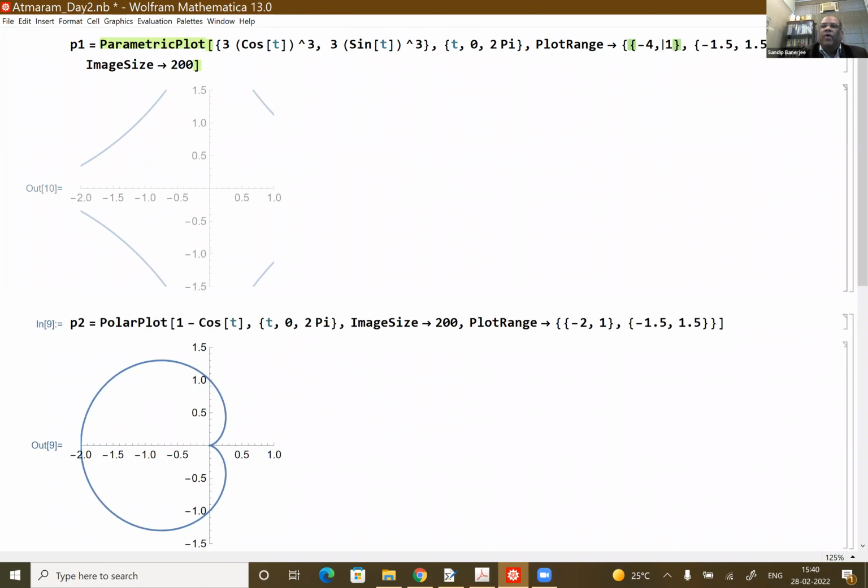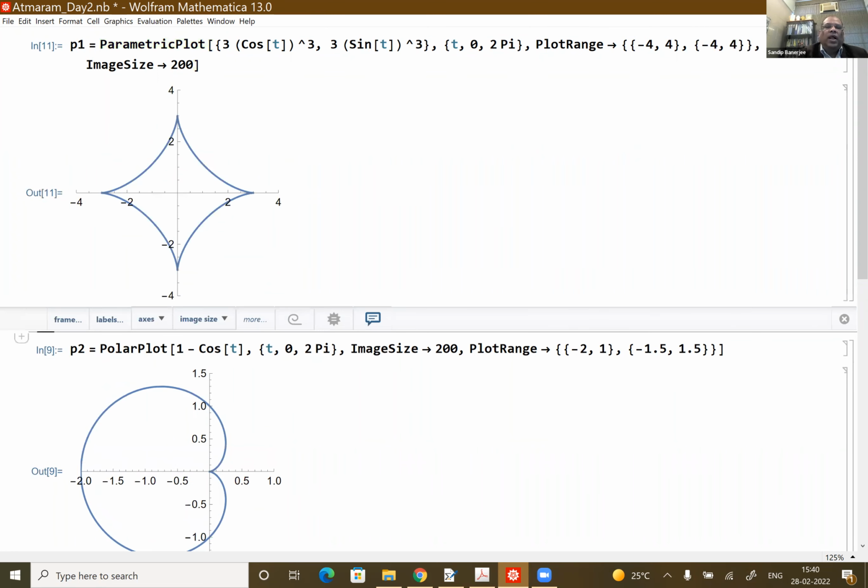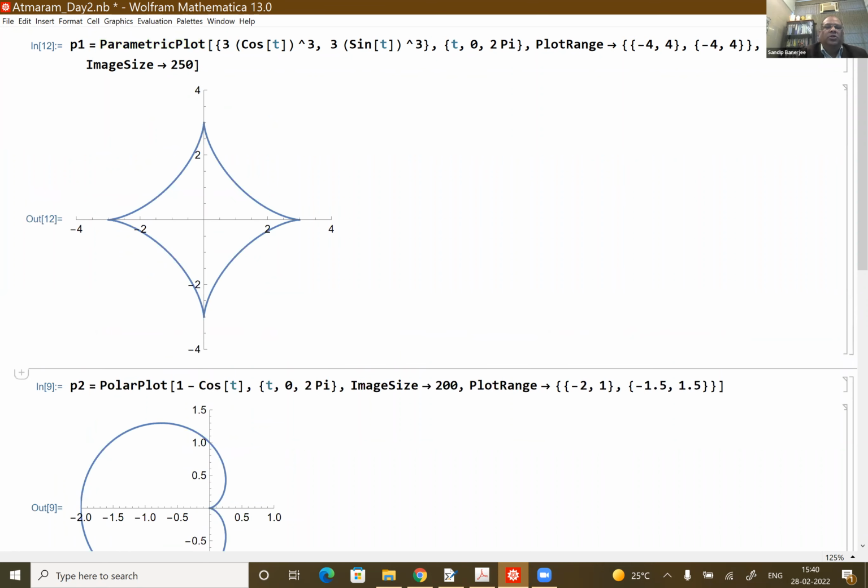So if I put from -4 to +4, and here also from -4 to +4, you will get something like this. Make the image size a bit larger.